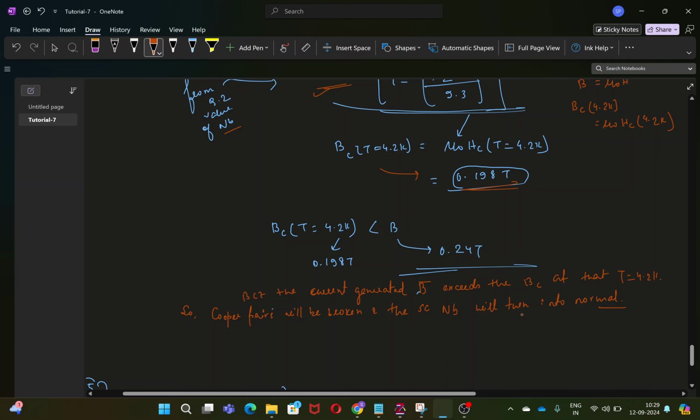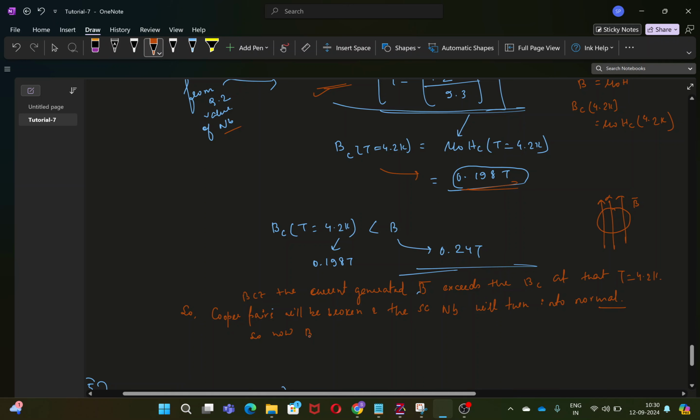As a result, the magnetic field lines or flux lines, which earlier would not be able to penetrate the superconductor, can now penetrate right through it, since it has turned into a normal state. So inside the wire also, the flux value will be the same as outside.